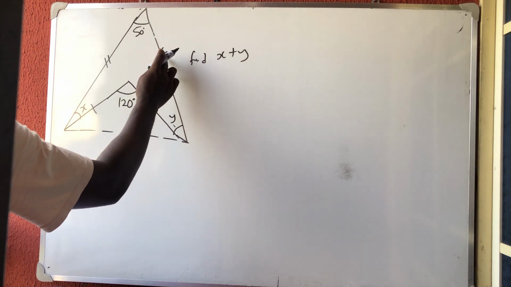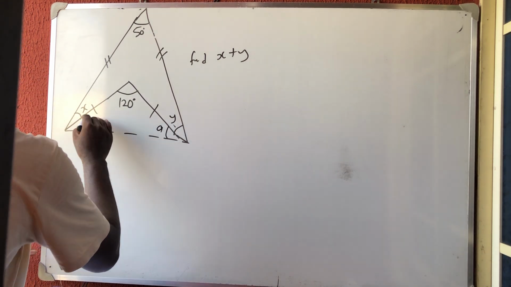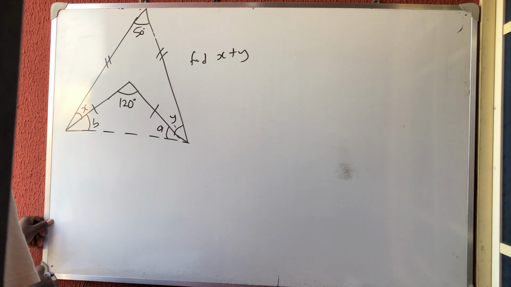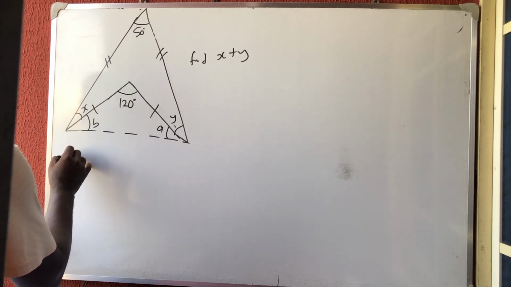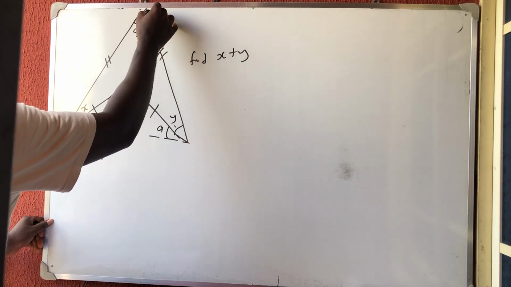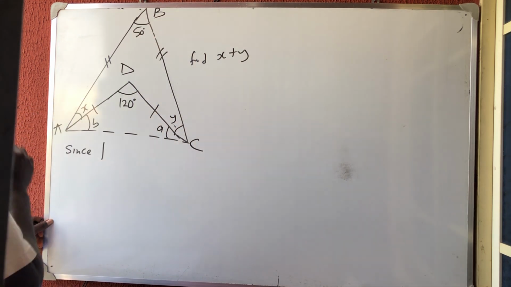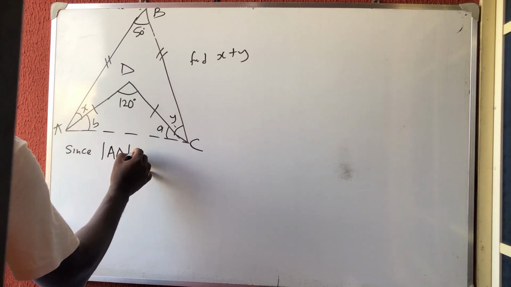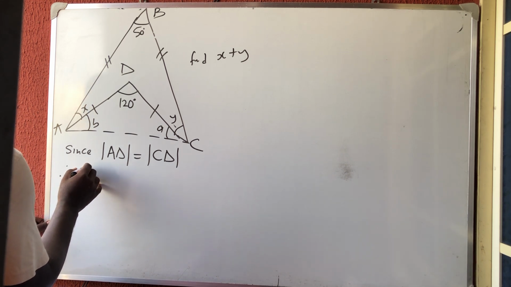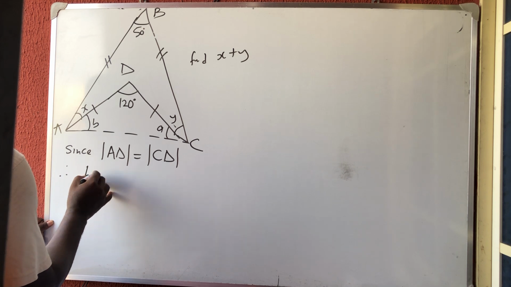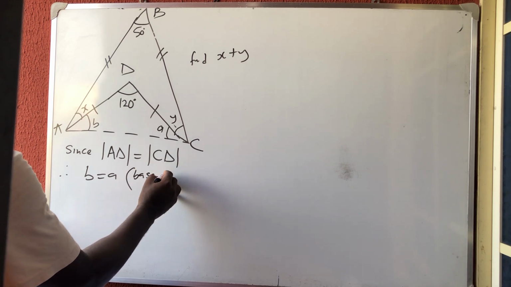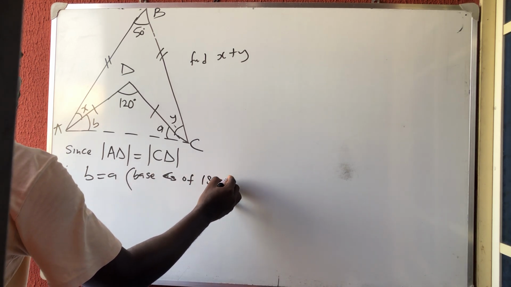Now since here is equal to here, let me call these A and B. Let me call this A, B, C, D. Since line AD is equal to line CD, therefore B is equal to A. And what is my reason? Base angles of an isosceles triangle.